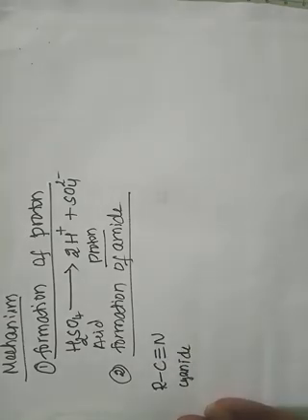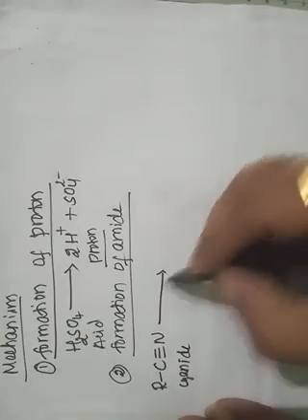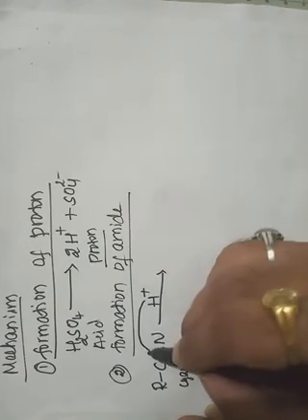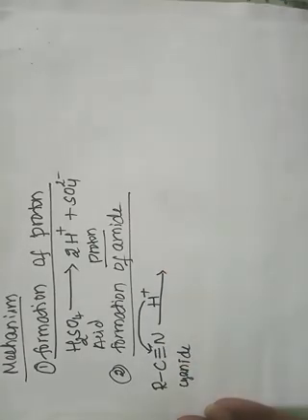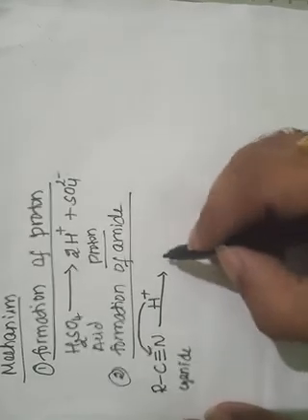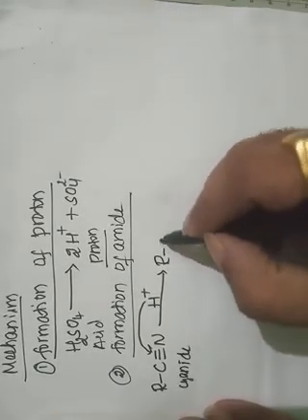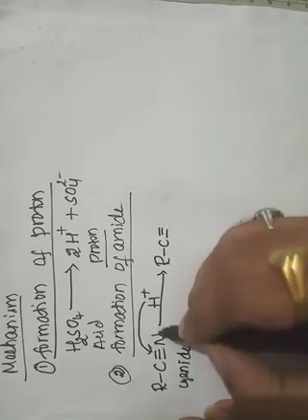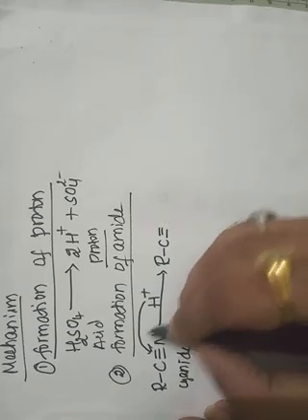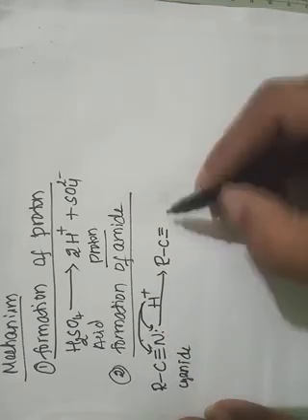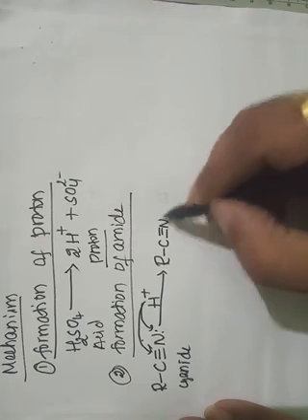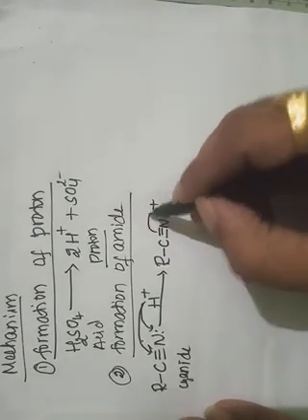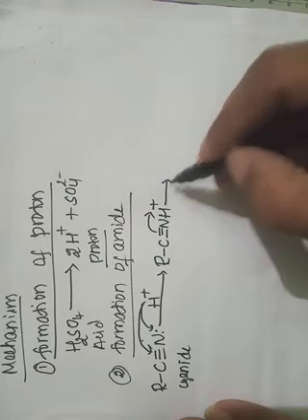So the proton which is produced in the first step will attack this triple bond to form RC triple bond NH plus.